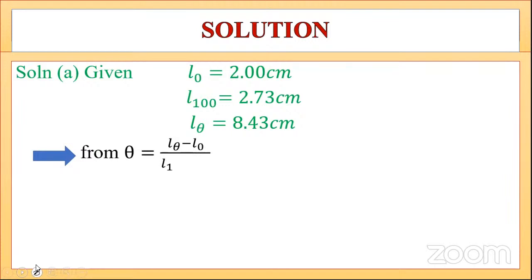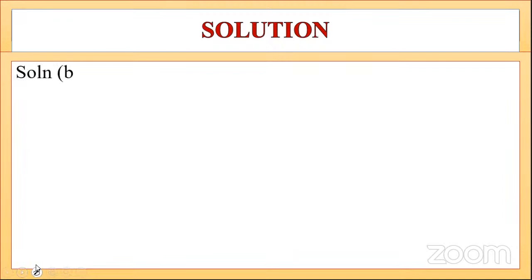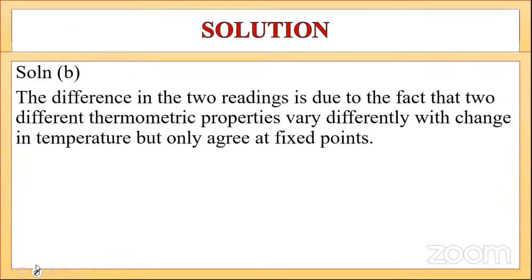So from theta equals L theta minus L naught over this, when you divide, you get 880.8 degrees Celsius. So the solution to part B: the difference in the two readings is due to the fact that two different thermometric properties vary differently with the change in temperature. But they only agree at fixed points.